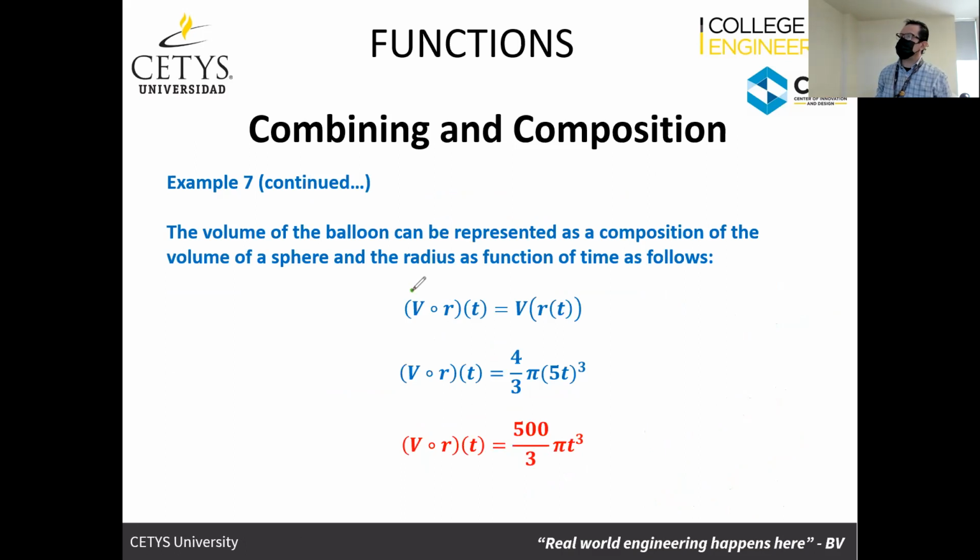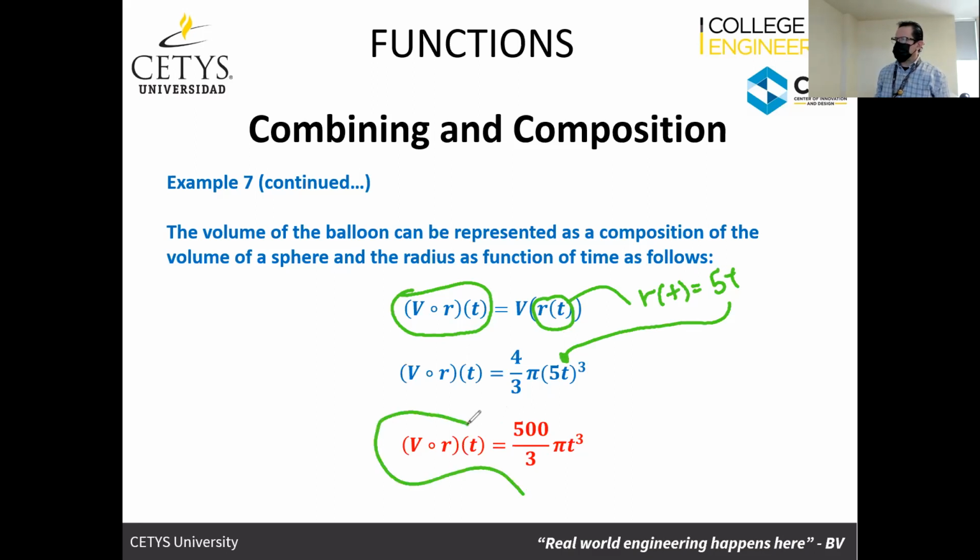So I have the composition, V composition of R, where V, which is the volume, is a function of the radius. I know that the radius of t is equal to 5t. I grab that and I substitute it here. And now I have a new function, which is the volume as a function of time.